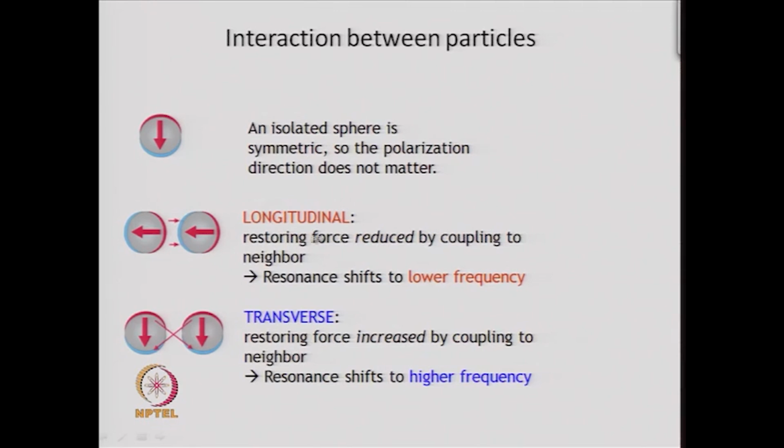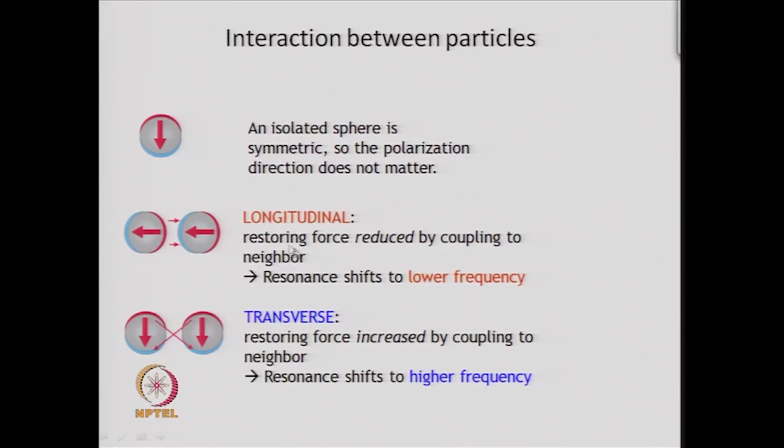So, this is a longitudinal coupling of the two metal particles to the oscillations of the conduction band electrons in the two particles, and this coupling results in a shift of the SPR band to lower frequency.